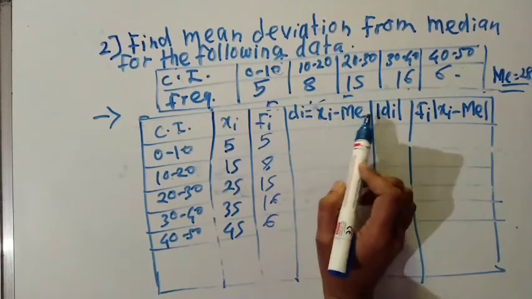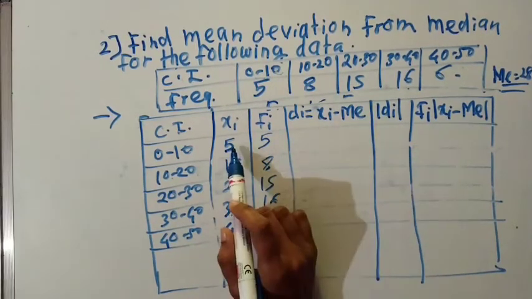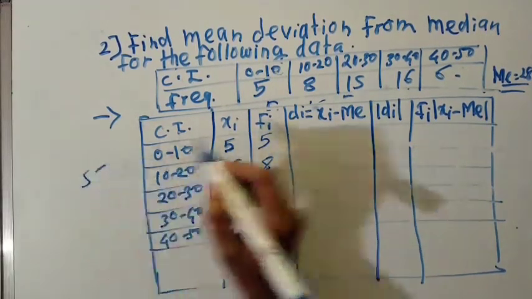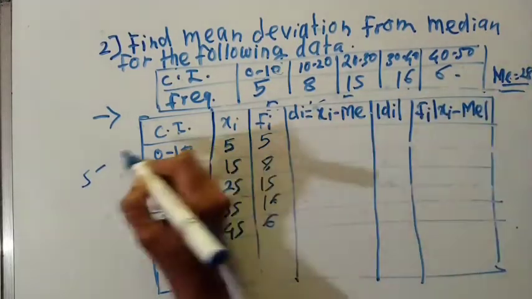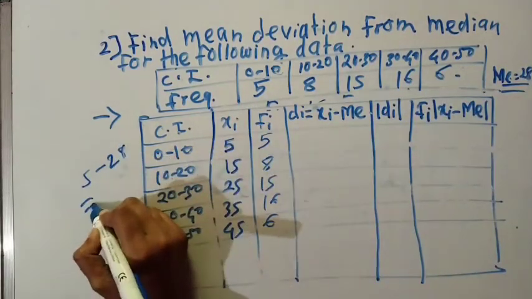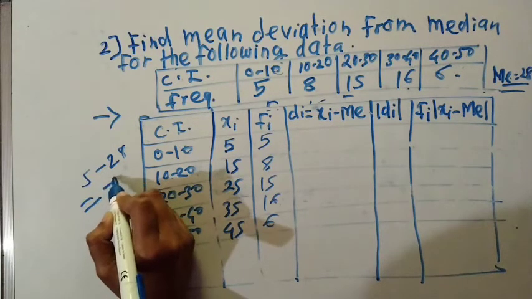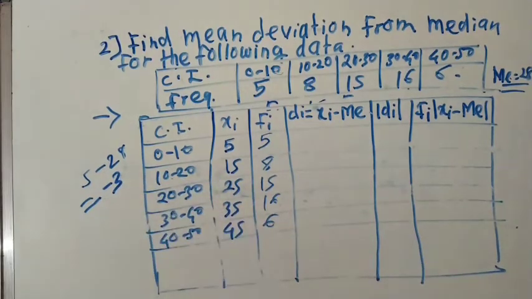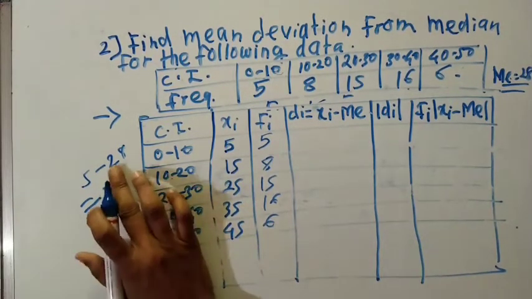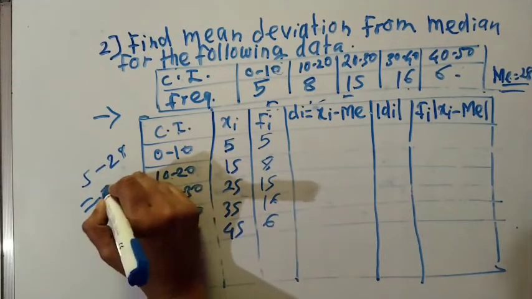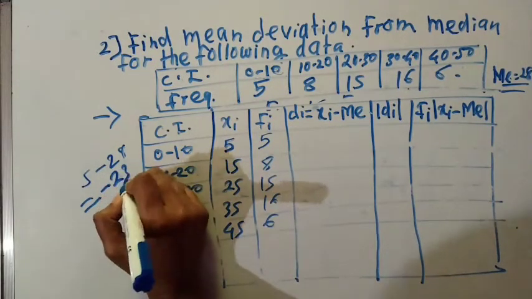Then di is xi minus ME. Here xi is 5, minus median 28, 5 minus 28 is equal to minus 23.